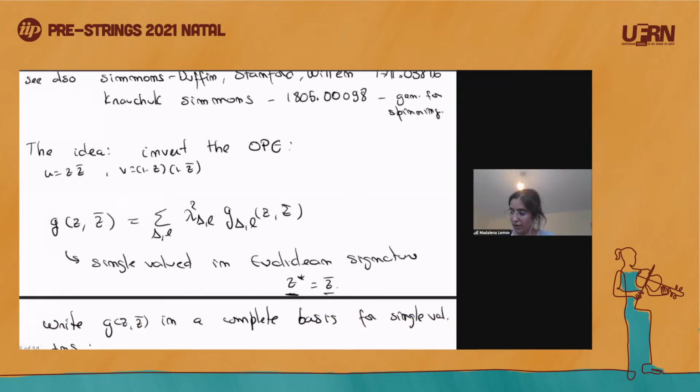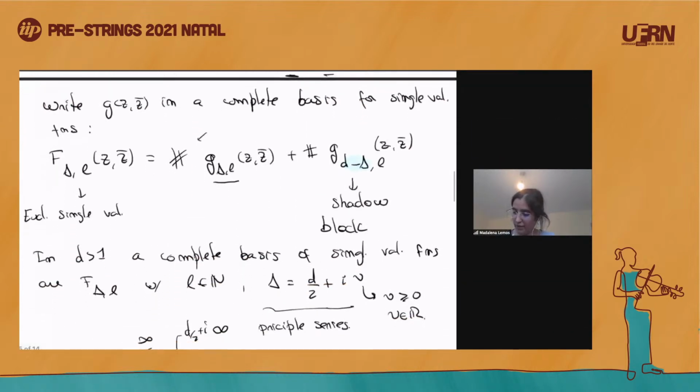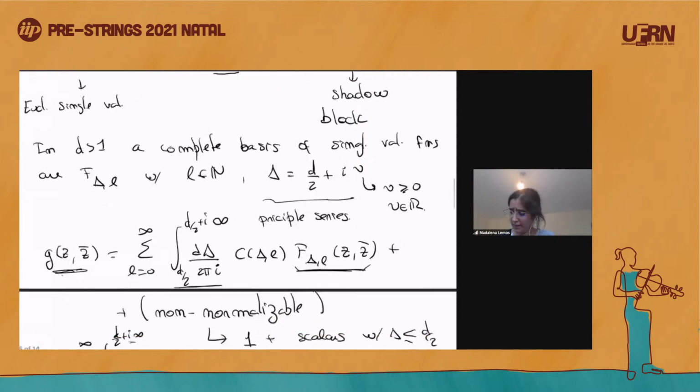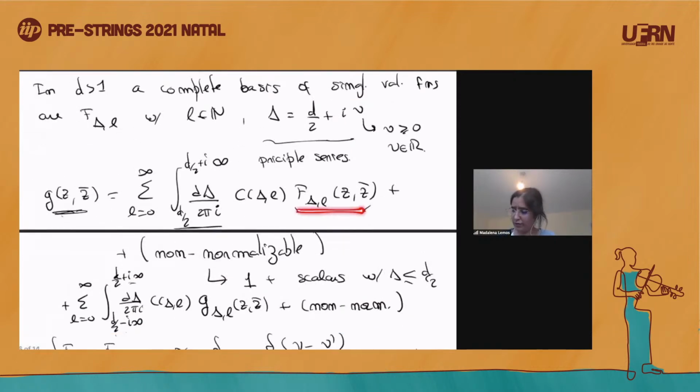But for now, you believe me that there is a measure. This is actually something old. It's been known for a long time, and it goes back to harmonic analysis, that these Fs form a complete basis for Euclidean single-valued functions, and I can decompose the correlator like this.